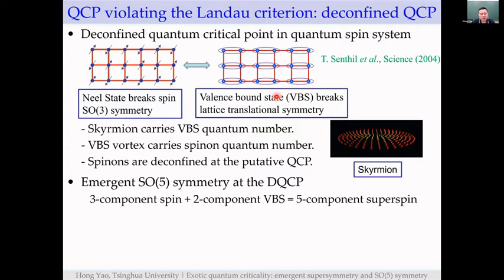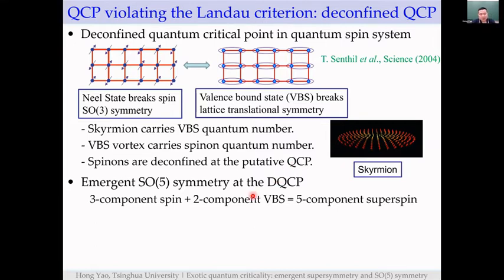If there is a direct phase transition between these two symmetry-broken states, Landau tells us that the transition is first order. However, this work tells us that the transition can be continuous. It's an exotic transition called a deconfined transition because certain excitations at this putative quantum critical point are deconfined. For instance, spinons are deconfined at this deconfined quantum critical point.